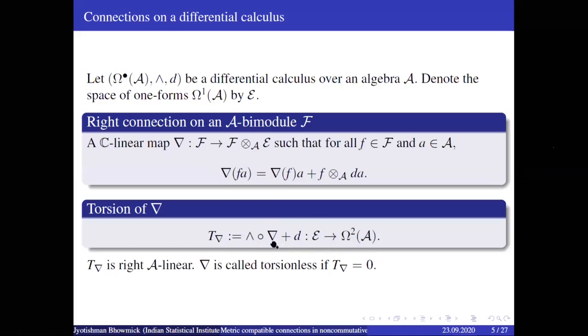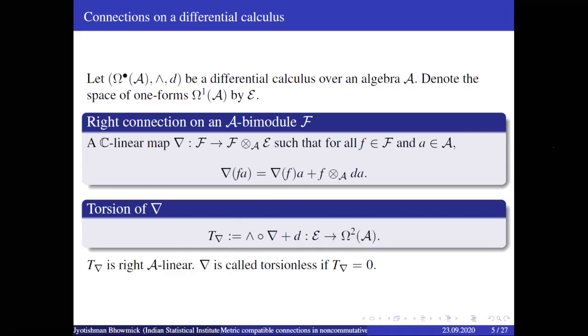Let's apply nabla on E. This nabla takes E to E tensor E, because I have taken F to be E, and this map wedge maps E tensor E to omega 2 A. So this guy makes sense. This can be checked to be a right A linear map, and I say that nabla is called torsionless if this guy is equal to 0.